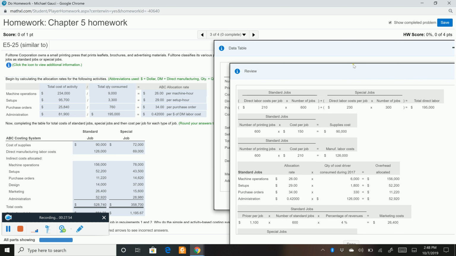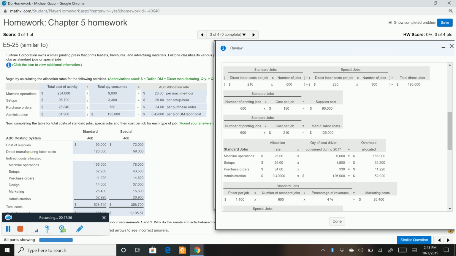Earlier we said that the direct labor cost came to a total of $126,000 for standard and $69,000 for special job. If you add the two up, it came to $195,000. So if we take our administrative total of $81,900 divided by our total labor cost of $195,000, that works out to an allocation rate of 42 cents per direct labor dollar.